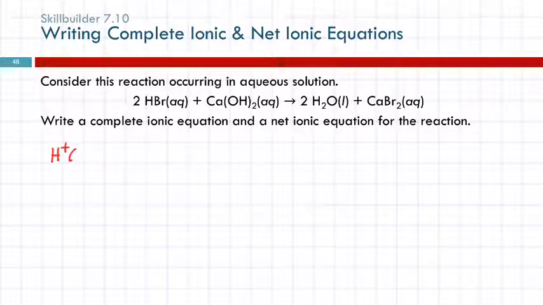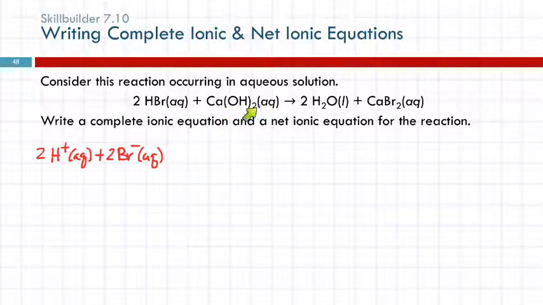You can ignore the coefficients and balance it later, or if you just pay a little bit of attention, you can just write it down and not have to balance it again because it's already balanced. If I have 2 of these units, that means I'm going to get 2 hydrogen ions and 2 bromide ions.